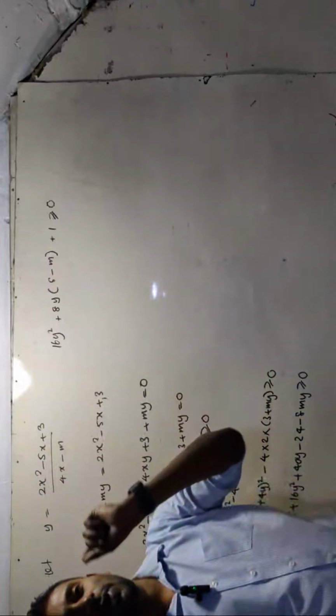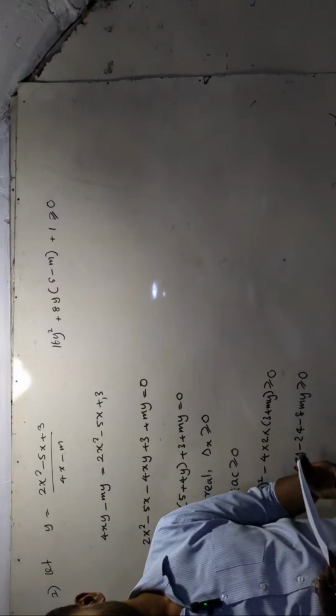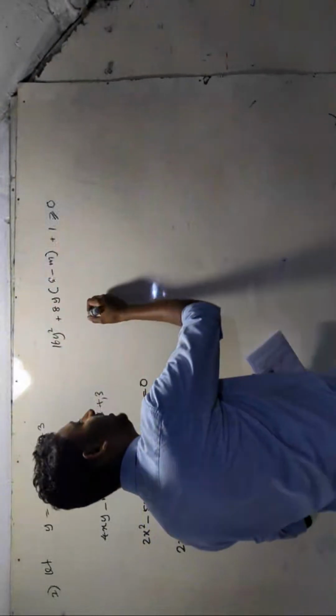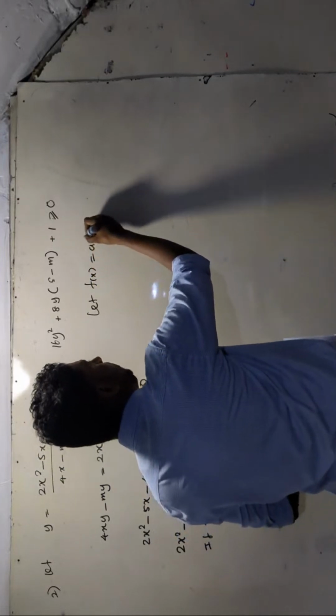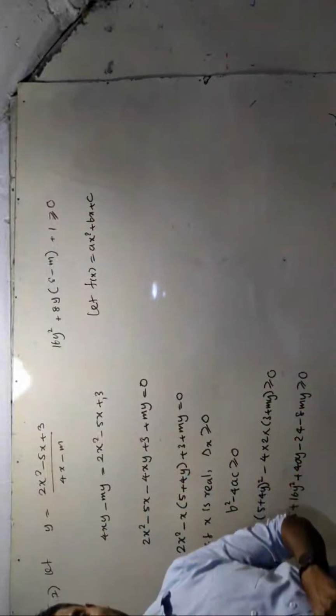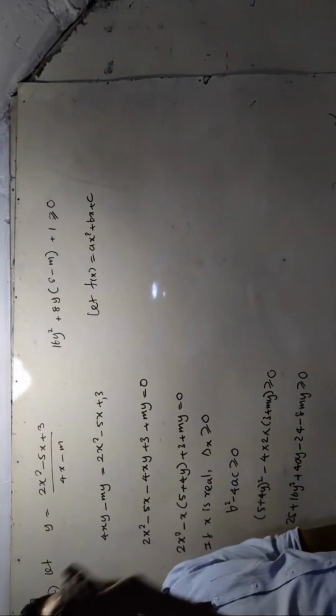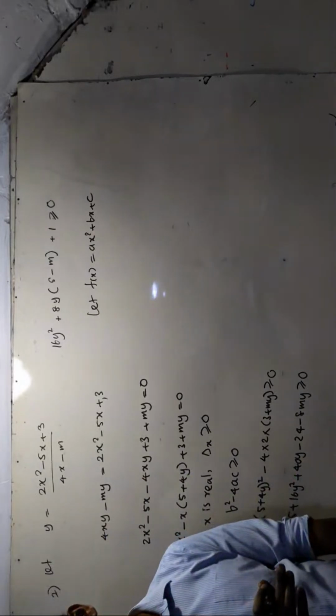If a quadratic function is positive, what are the requirements? Let f of x be equal to ax squared plus bx plus c. This is a quadratic function now. If this quadratic function is positive for all real values of x, what is the requirement?